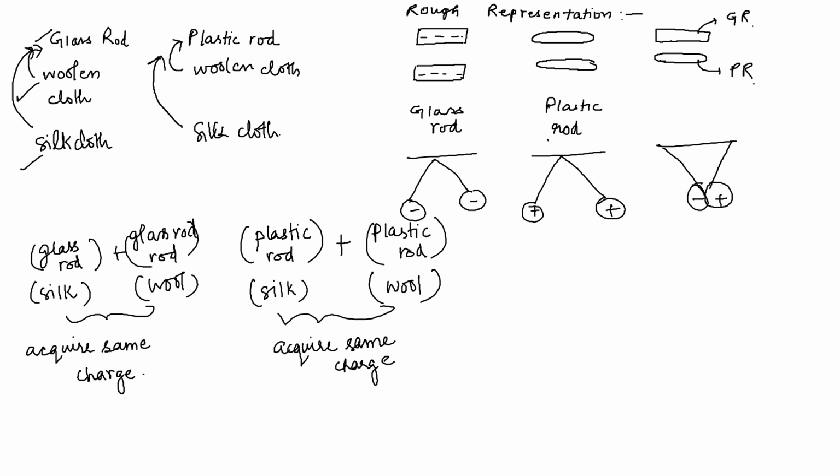So here this plastic rod is having all the positive charges, but both the plastic rods 1 and 2 are having the same charges, hence there is repulsion. Negative negative repels, positive positive repels.